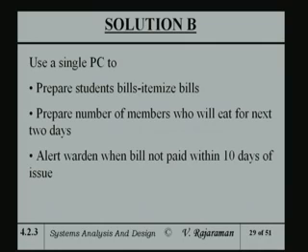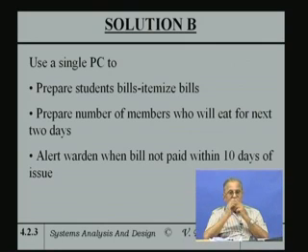Solution B: use a single PC to prepare student bills and itemize the bills. See, bill preparation is an automated process. If you write a small program, it can nicely print out and give a nice printout to the students, and you can itemize the bills.